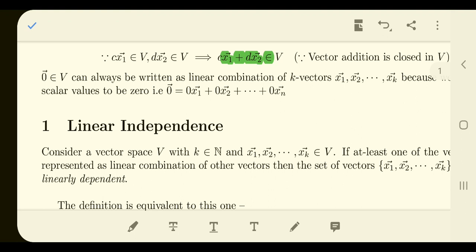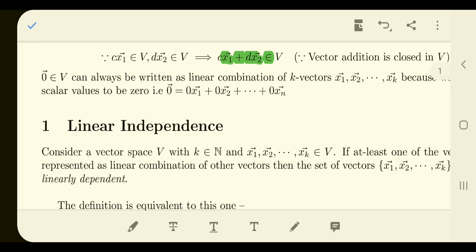So you still want to generate the whole vector space out of their linear combinations, but they themselves cannot be represented by the linear combination of each other. To come to that idea, we need to understand whether we can find such vectors. What could be the algorithm to find such vectors?